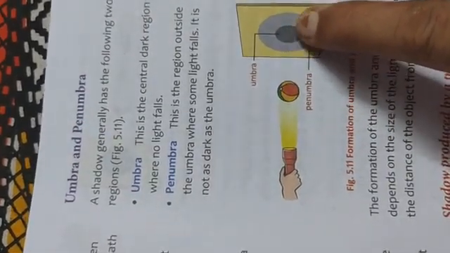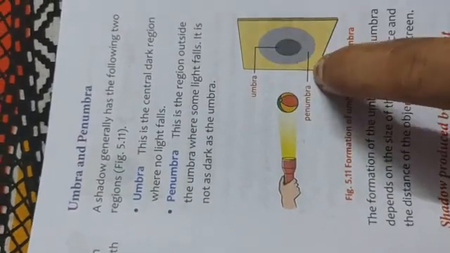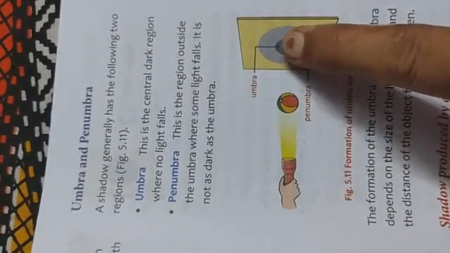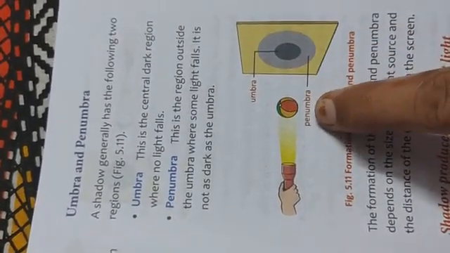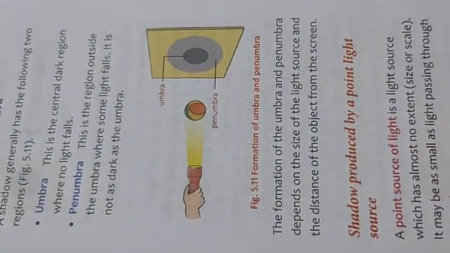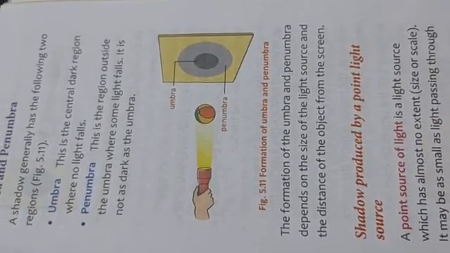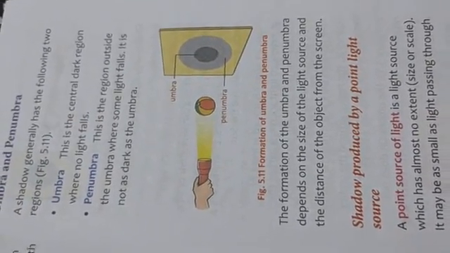So the completely dark portion is called Umbra, and the faded portion, which is not as dark as the Umbra, is called Penumbra. The formation of the Umbra and Penumbra depends on the size of the light source and the distance of the object from the screen.